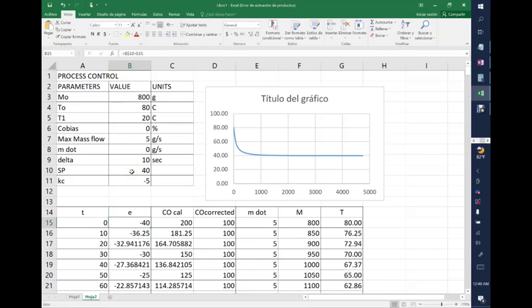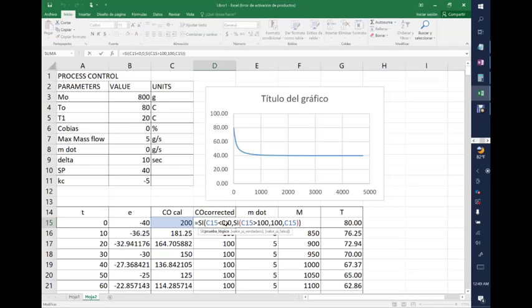Set point minus PV, that's 40 minus 80, which gives you a negative number, minus 40. Now this is going to be the bias, but that's 0 at this point, plus the Kc value times the error, and that gives you 200. That's obviously not possible, so you recalculate that to 100 using this formula here.